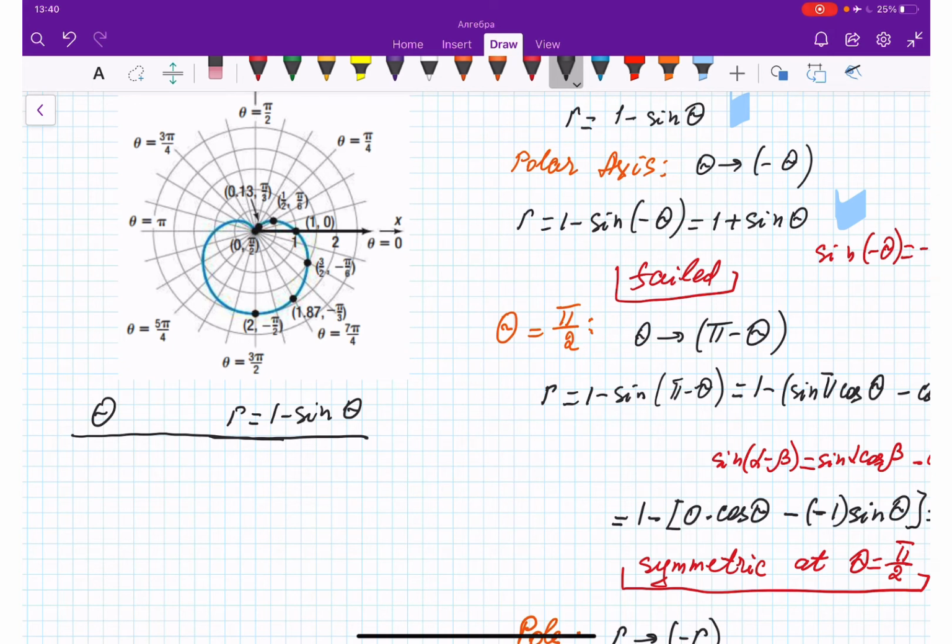So we are going to assign values for theta from negative half a pi to positive half a pi.